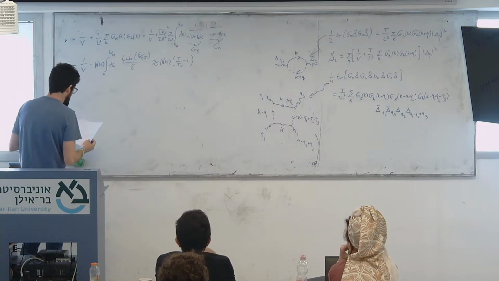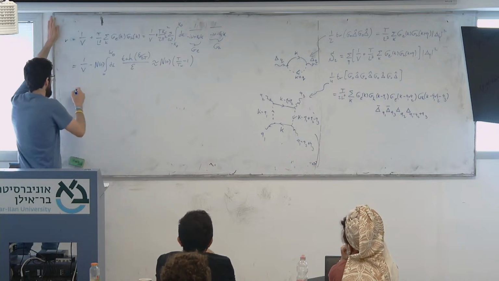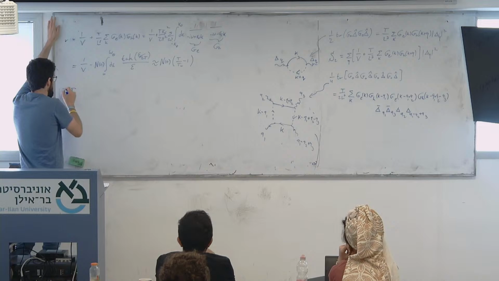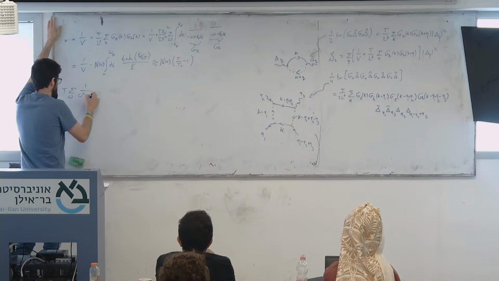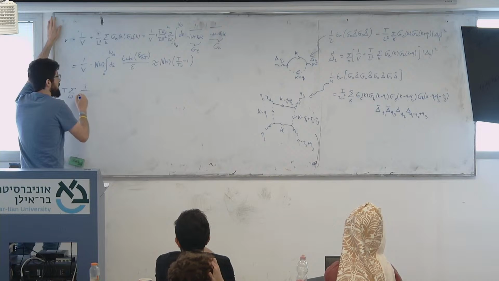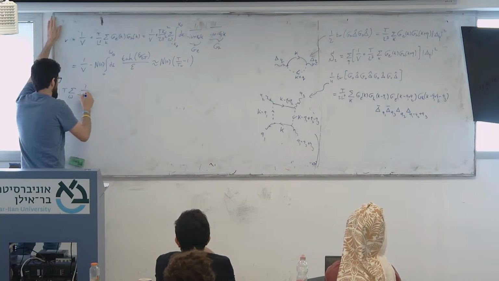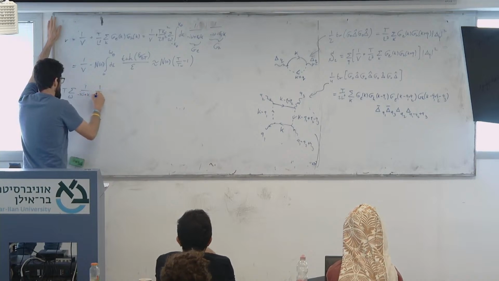So how did I arrive at this result? The first thing is I want to argue that T times the sum over omega of 1 over omega squared plus x squared, or let me write it like it's written here, minus i omega plus x, minus i omega minus x.